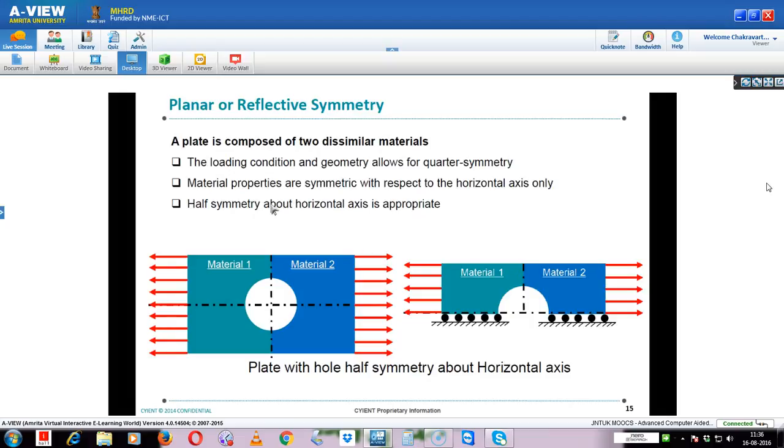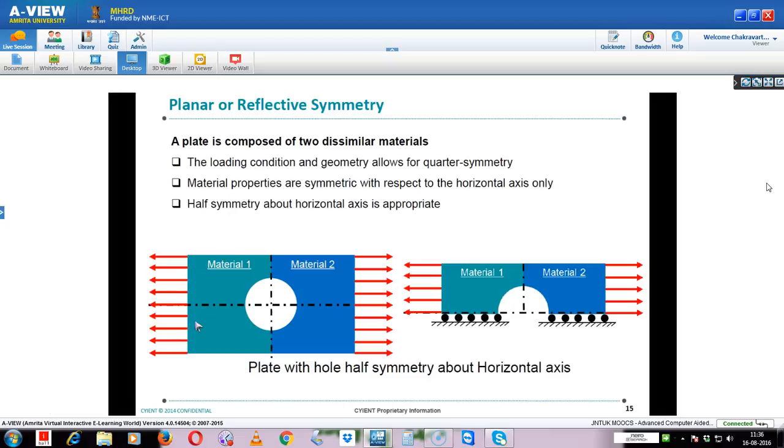Now coming to an example where I have two materials, material 1 and material 2. Now it is subjected to uniform loading. How will you model this one? Again, if you take a 1/4 model, loads are symmetric and geometry is symmetric, but materials are not symmetric.